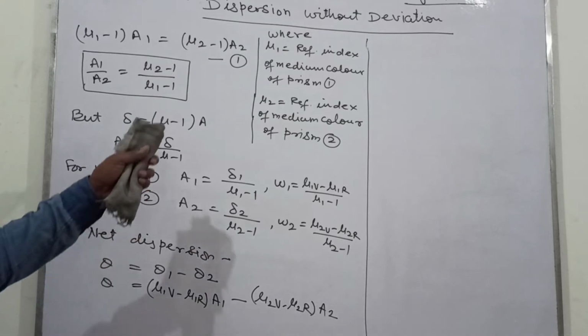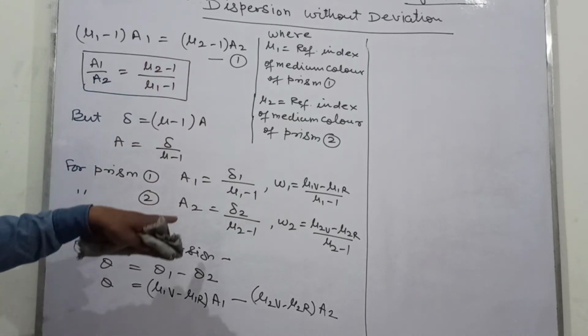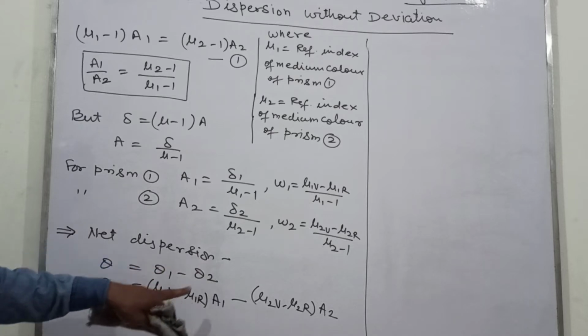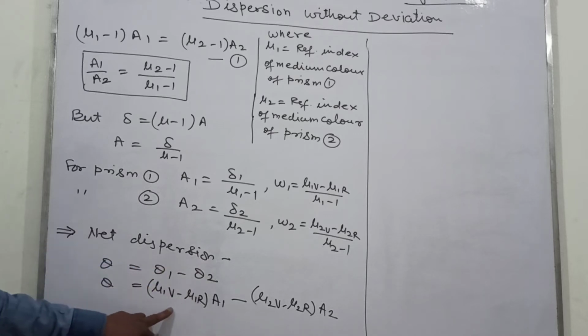So delta 1 equal to delta 2, and there will be net dispersion, so theta equal to theta 1 minus theta 2.